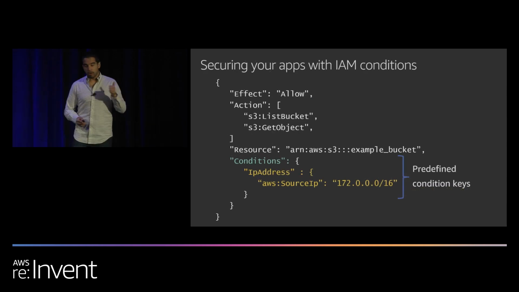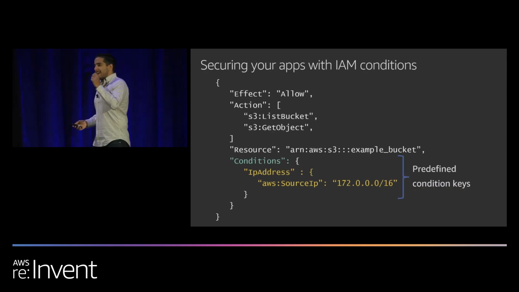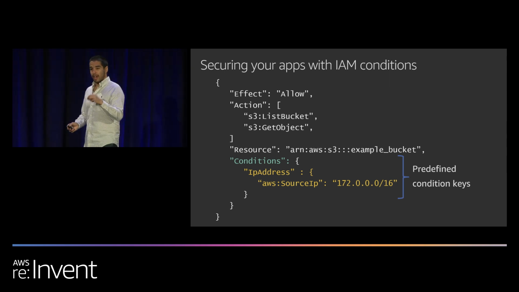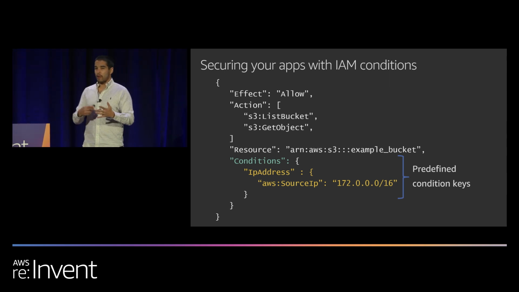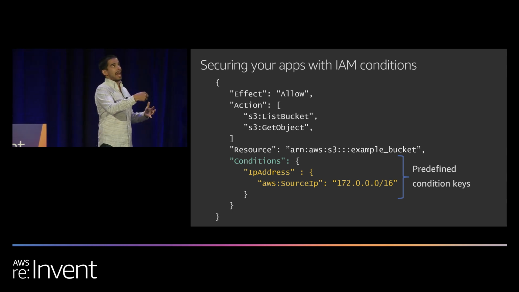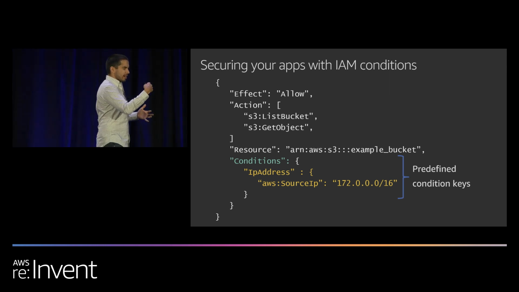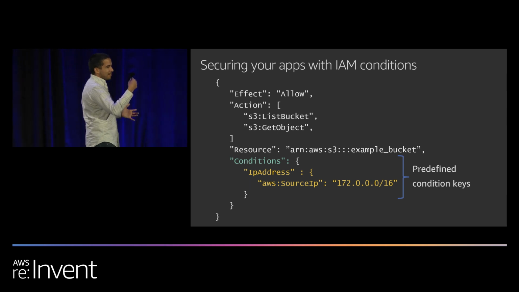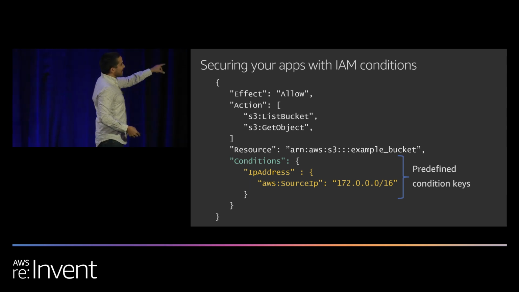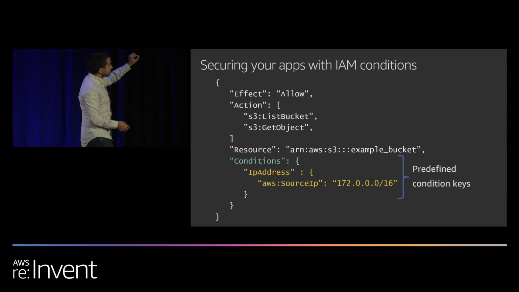You can use something called IAM conditions. Now, IAM conditions are a special optional attribute of IAM policies that allow you to further have dynamic conditions for allowing access. So for example, here I have one that is very simple.